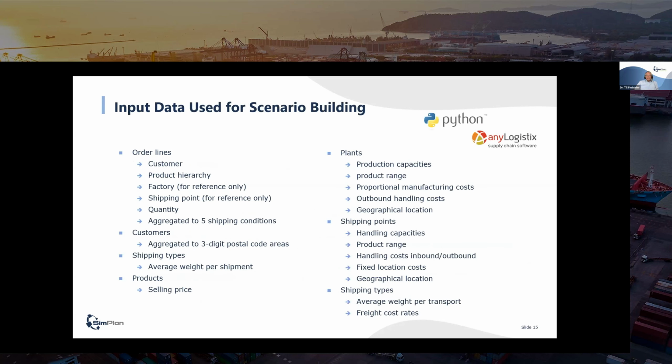Here you see an overview of the data we have used. As mentioned, we have used order lines, delivery data, the customers and their addresses, shipping types, for sure products, plants, factories with production capacities and production range, and shipping points, and, as already mentioned, shipping types. It's duplicated there.